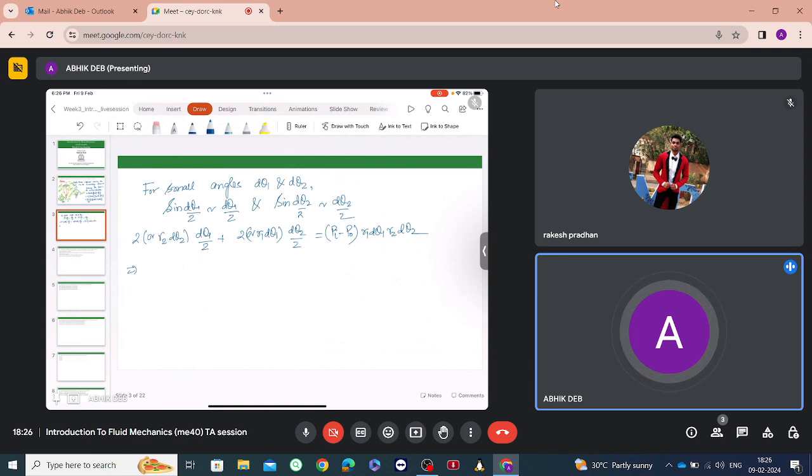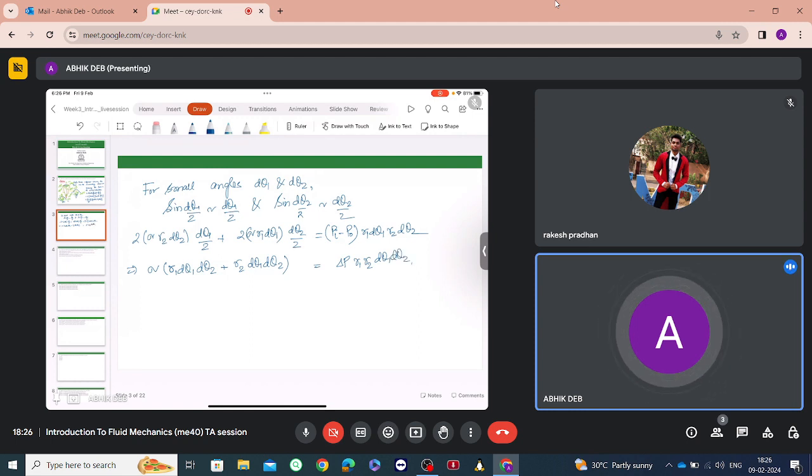So this becomes equal to sigma, sorry, it is sigma r1 d theta 1 d theta 2 plus r2 d theta 1 d theta 2. This is equal to delta P, that is the pressure difference, times r1 r2 d theta 1 d theta 2.